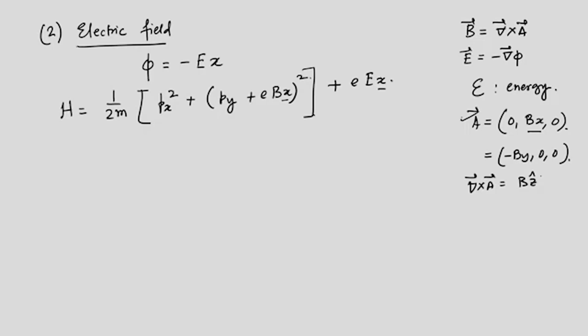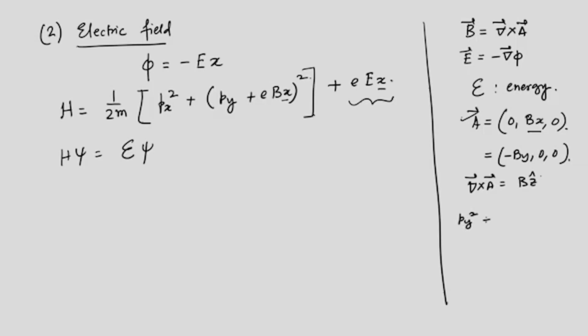Okay, now what I'll do is that instead of solving this problem again, H psi equal to E psi, there's a simpler way out. I can complete the square. Let me do a bit of this: Py square plus E square B square X square plus 2 EBX Py and plus Ex.